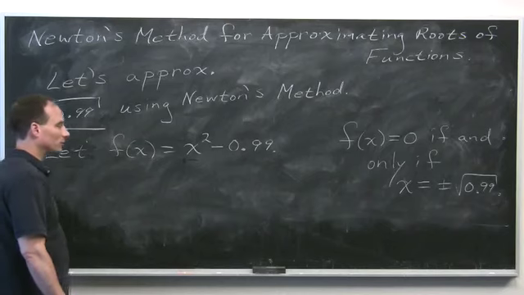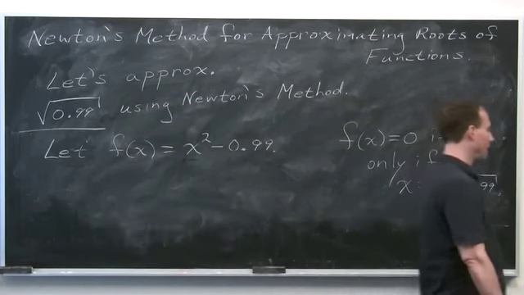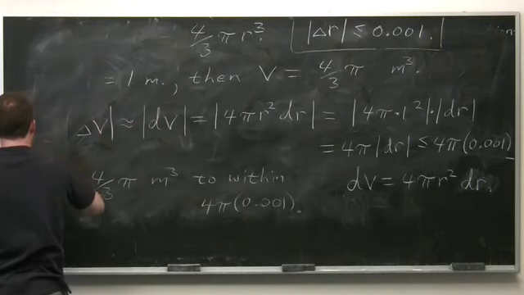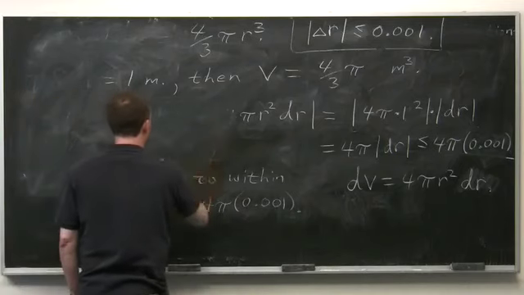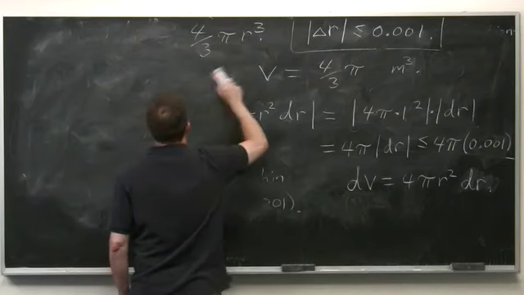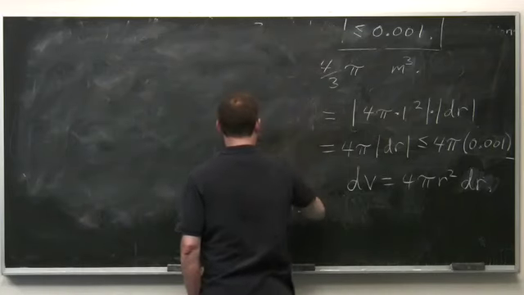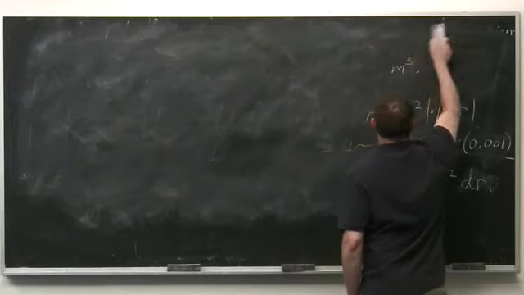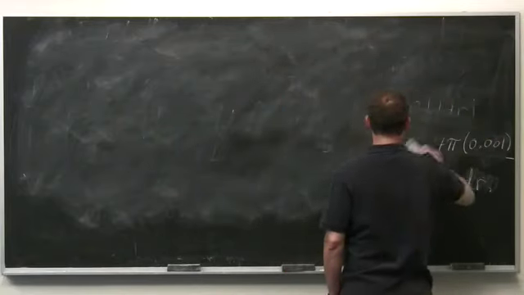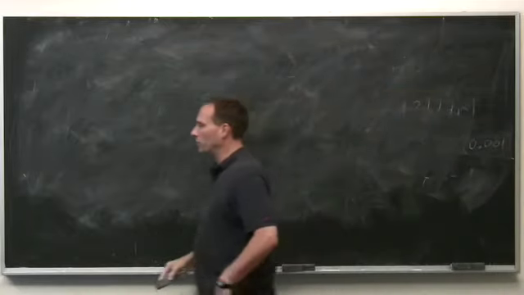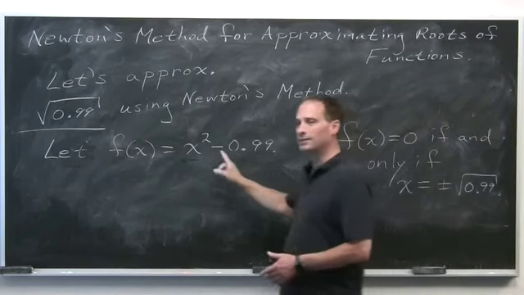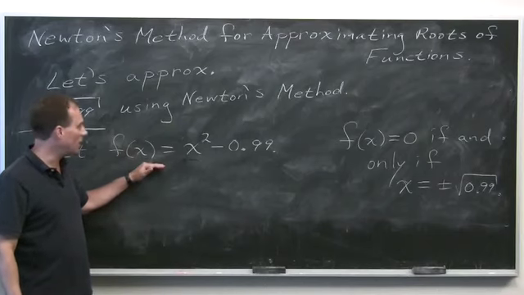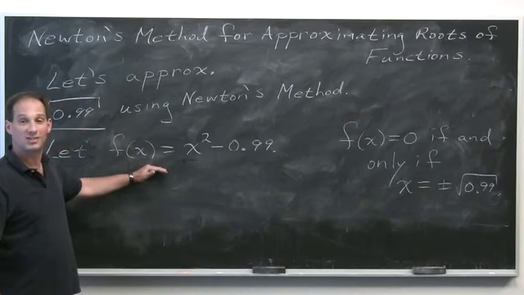How does Newton's method go? In your first step, you actually make a guess. Sometimes you have a good way of making a guess. Sometimes you really just have to almost pick a random value of x. We're trying to guess a root. Now, one way you could do it, if you don't want to be completely random, but there's no good choice, is if you start with a continuous function, you can try to find some x value where the function's positive and some other x value where the function's negative.